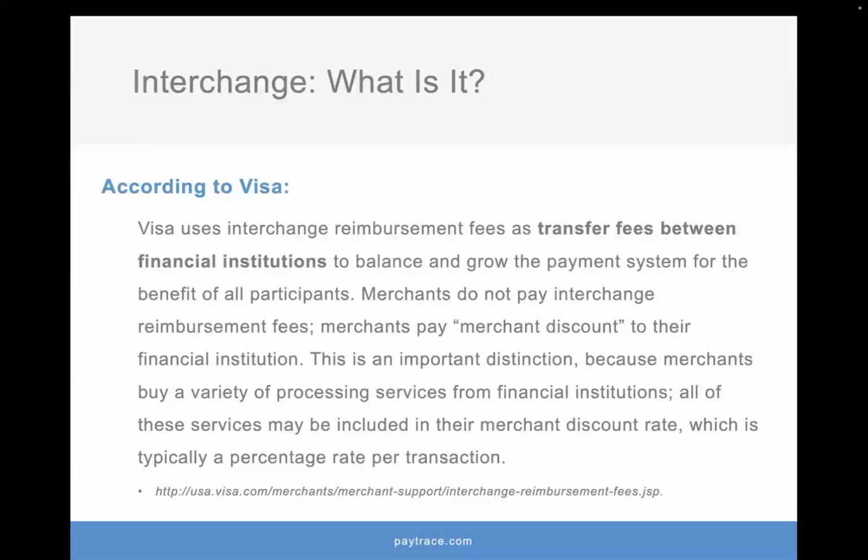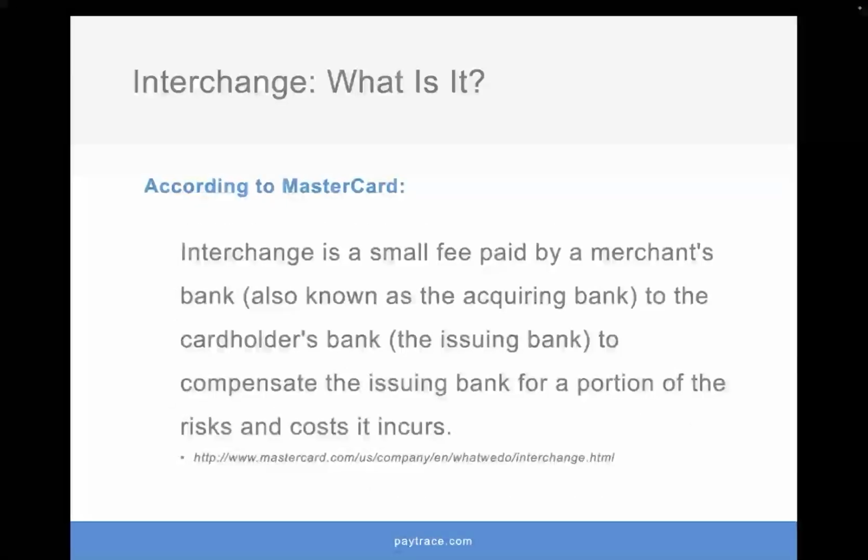When I first started in this industry, I started doing some research, and this made absolutely no sense to me. I liked MasterCard's definition a little bit better. They use smaller sentences and smaller words, easier for me to understand. They say that interchange is a small fee paid by a merchant's bank to a cardholder's bank.